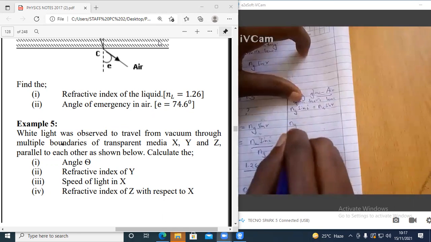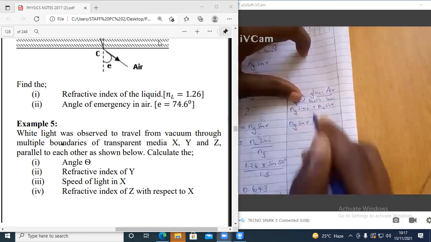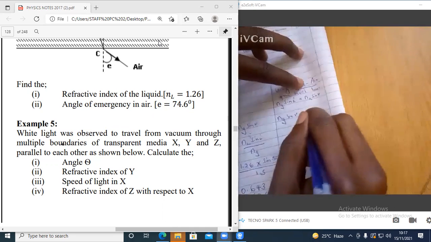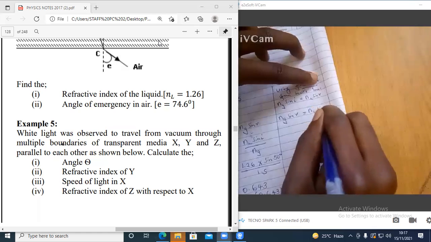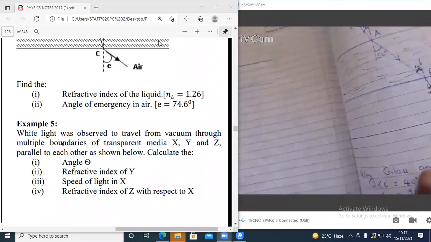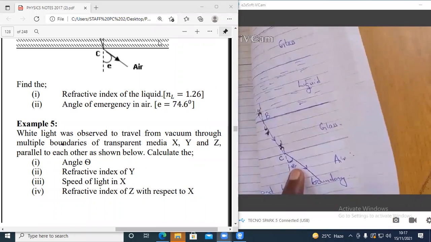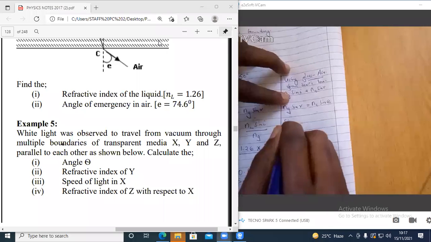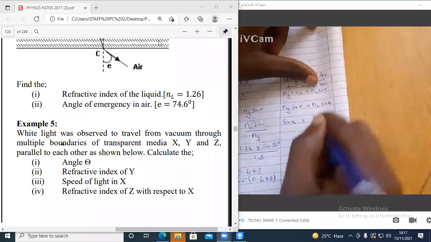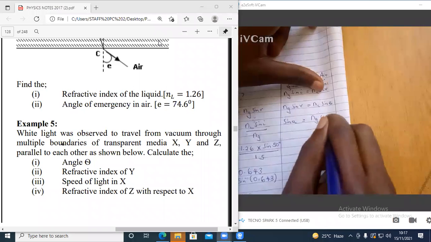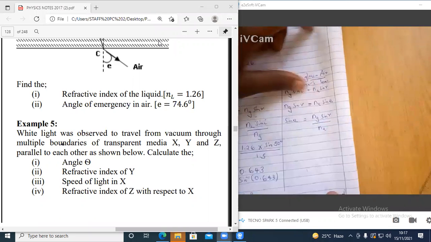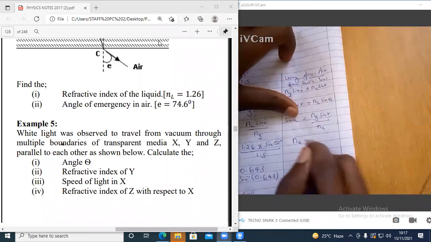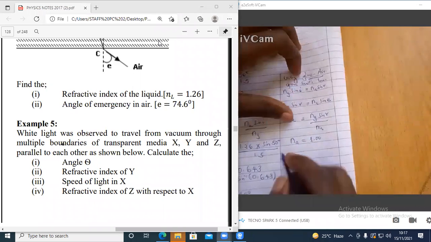But here we shall have NG sine R, because this angle is R, equals NA sine E. This angle of incidence is E. So I want to find E, which means sine E equals NG sine R over NA. But we know the refractive index of air. What is the refractive index of air, members? 1.0.